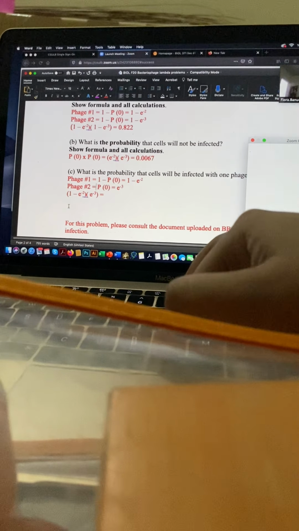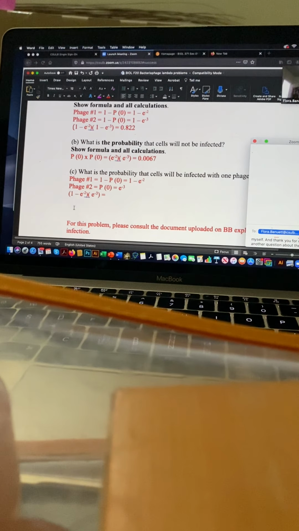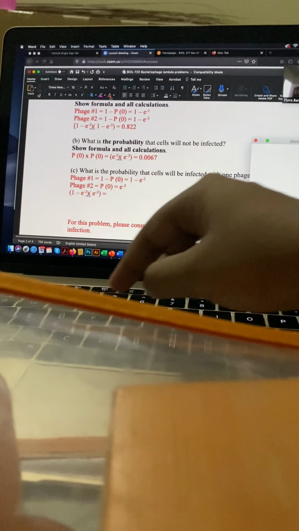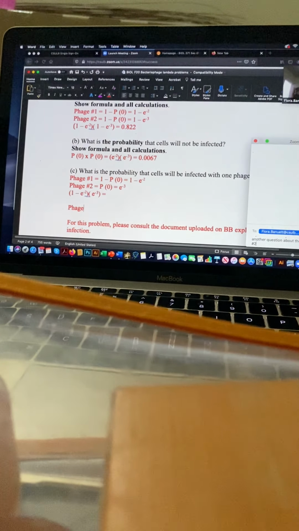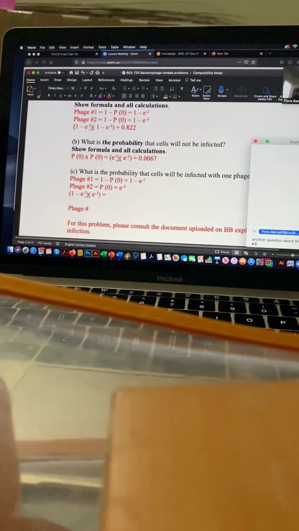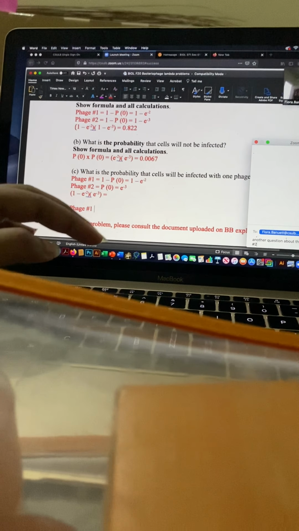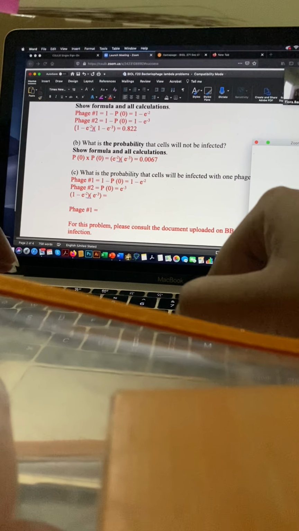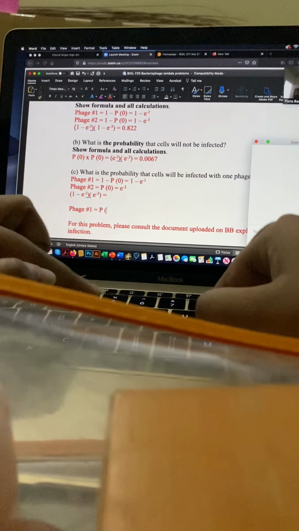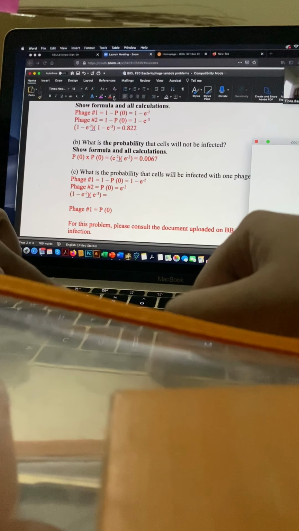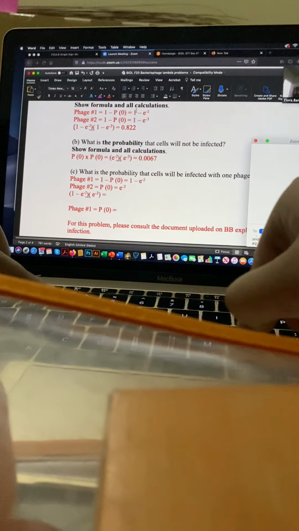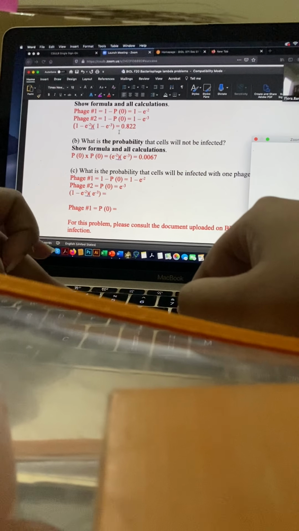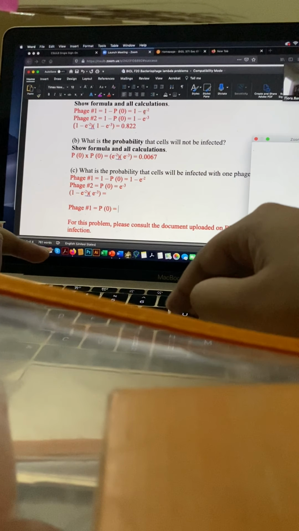And if you want no infection with phage 1 but infection with phage 2, basically phage number 1 will be no infection equals, and that is equal to this, e to the minus 2.